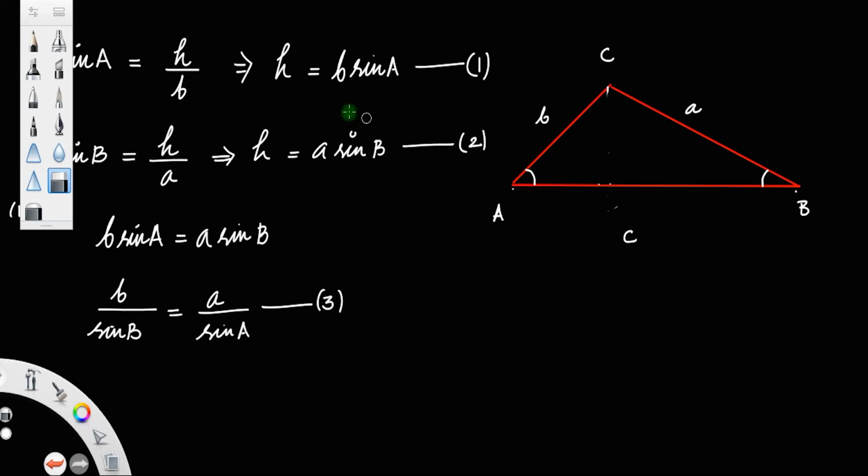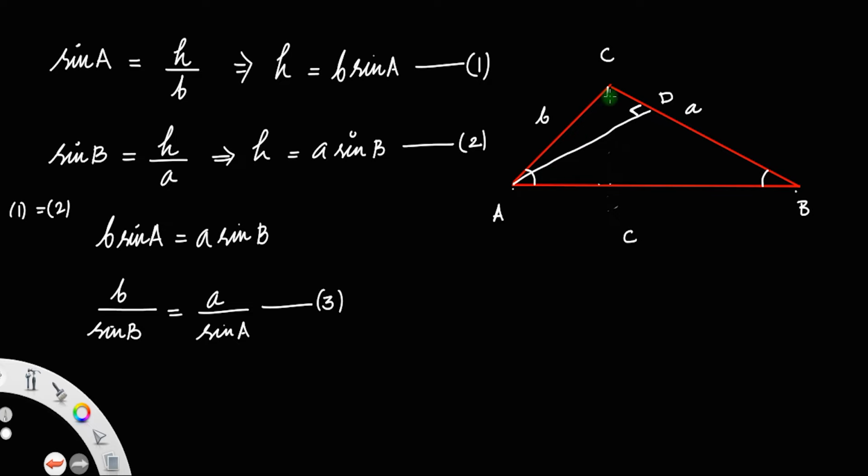If you draw a perpendicular from A to this side, this is 90 degrees, and let's call this point D. This will be angle C and this is angle B. Now, from the triangle ADC, if you take sine C, what do you get?